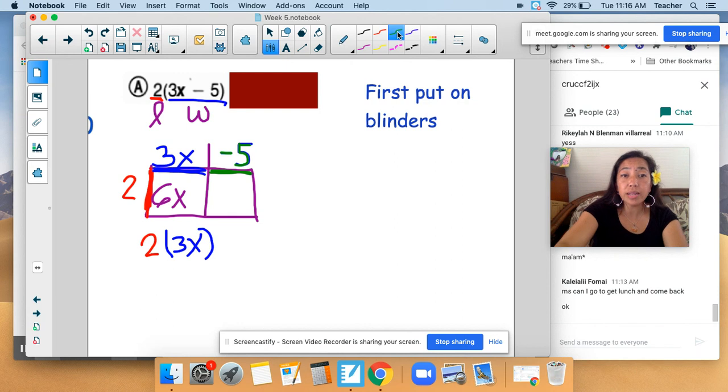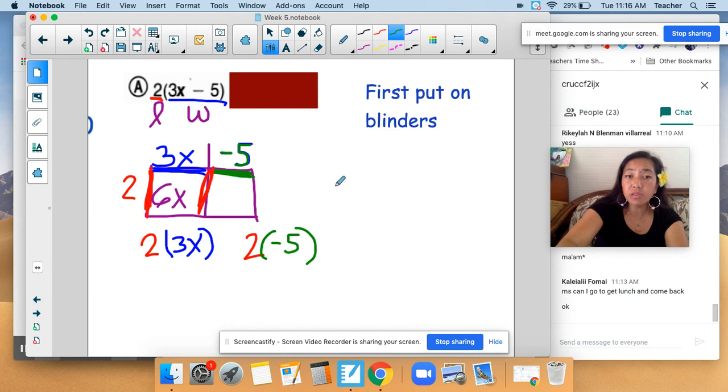Then we're going to look at the next box, which has a length of that minus 5. What is this length here, by the way, for the box? And the answer is it's also 2, right? Because it's a rectangle, so it's going to have that same length all throughout. So the area of that box is 2 times negative 5, right? And so the area of that second box is going to be negative 10.